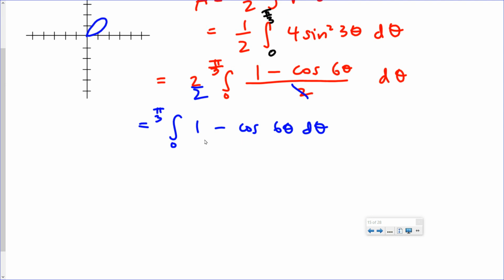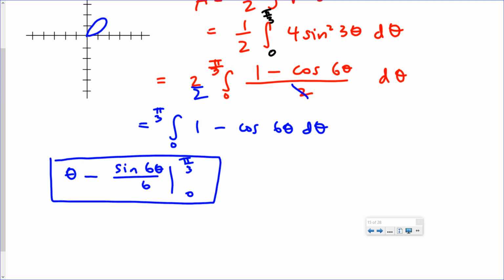It's a buy one, get one free problem. So the integral of 1 is what? Theta. What's the integral of cosine 6 theta? Sine 6 theta divided by 6, okay? This will go from 0 to pi over 3, and then I'm going to let you guys plug in, then you get your answer after you plug in, okay?